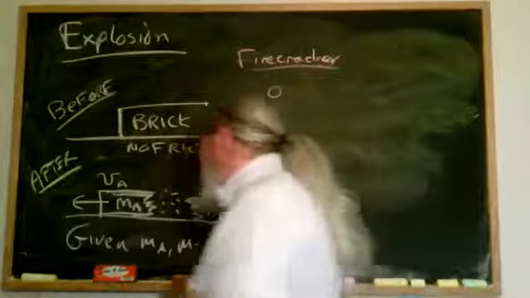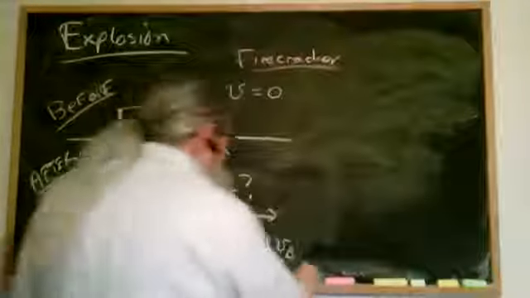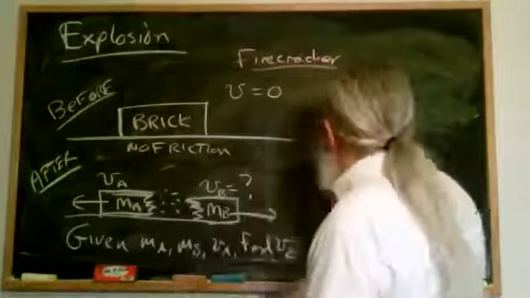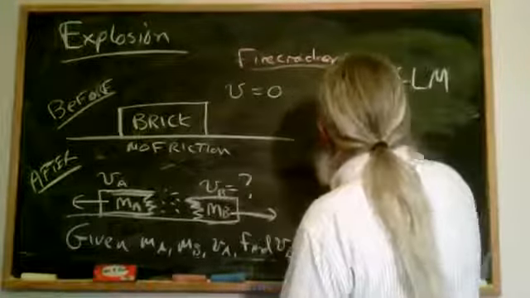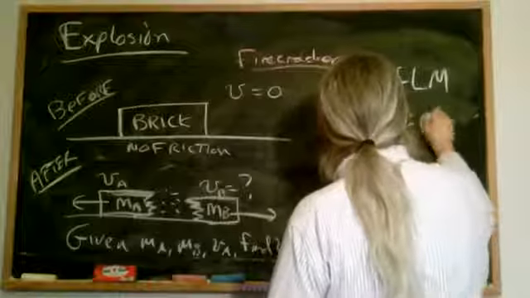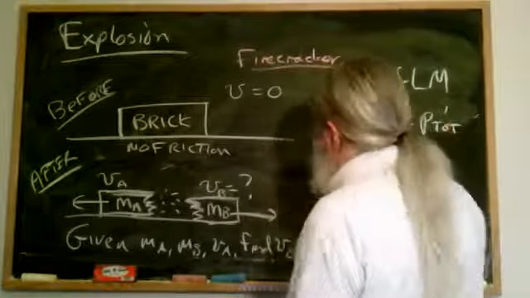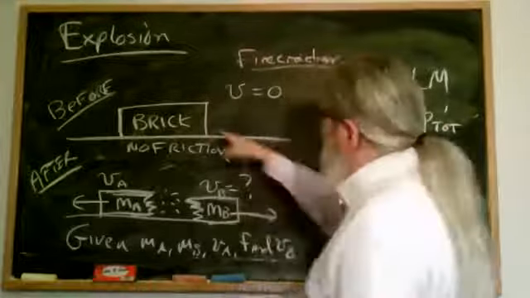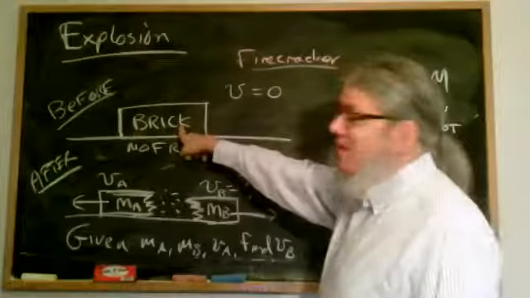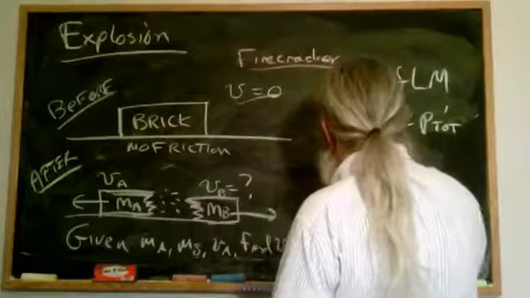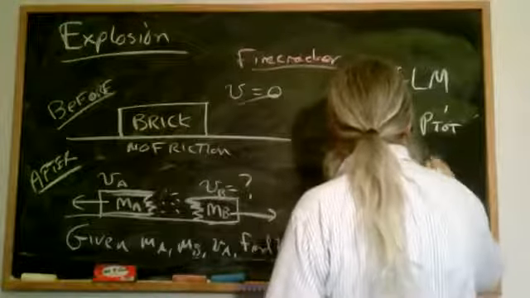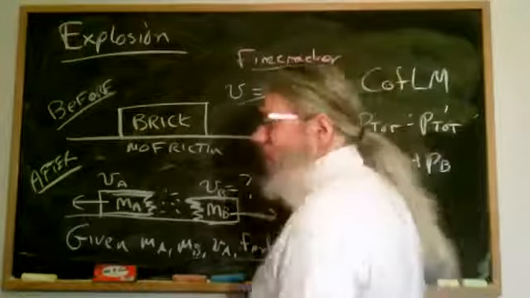And I can use conservation of linear momentum. P total is equal to P total prime. In this case, I know what P total is. It's just the mass of the system times the velocity of the system, which is 0. So 0 is equal to P_A final plus P_B final. I won't put primes on them.